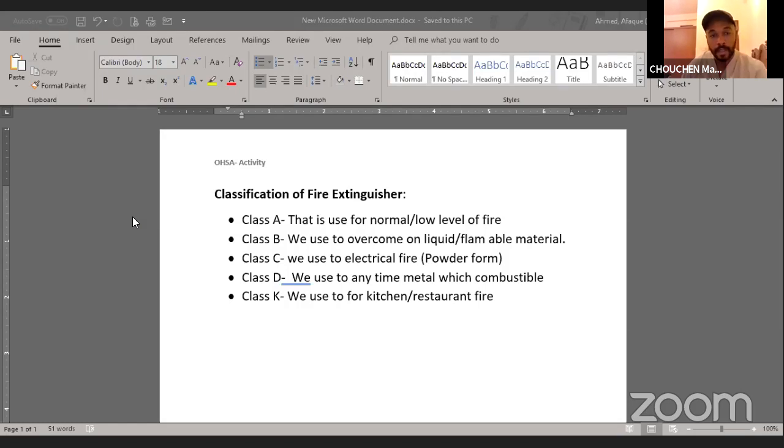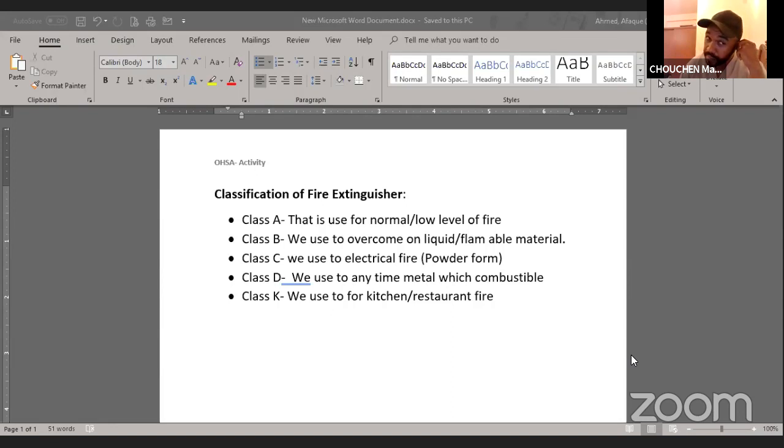Class C, we use for electrical fire. Class D, we use for combustible metal. And class K, we use for kitchen and restaurant fire.